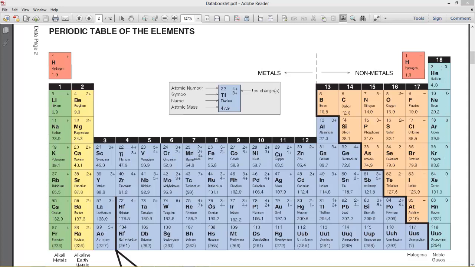They aren't likely to combine with anything, and they are very stable, right? And again, halogens are all -1, and the chalcogens -2. Everything in the middle, the transition metals, be careful. If you are asked to write a formula or name a compound, make sure you're looking at your periodic table, and once you recognize, oh my gosh, it's manganese, is this going to be manganese 2, manganese 3, manganese 4? You're going to have to determine that by looking at the non-metal.